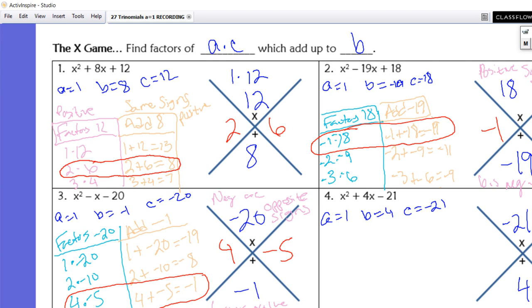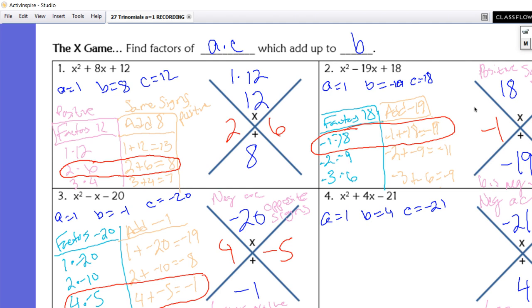So my AC is negative, so I have a negative a times c, so that means opposite signs. On this problem, b is a positive, so that means the larger is positive.